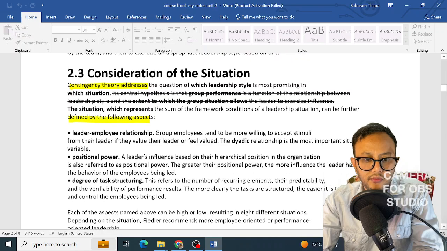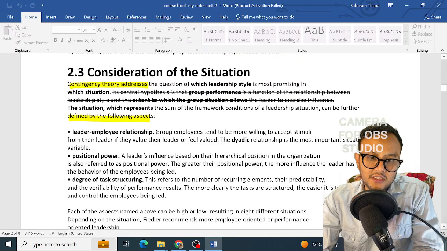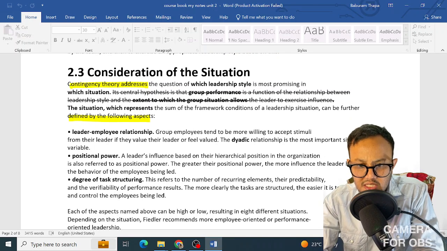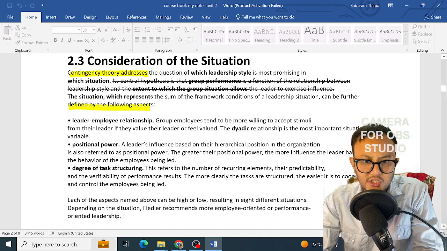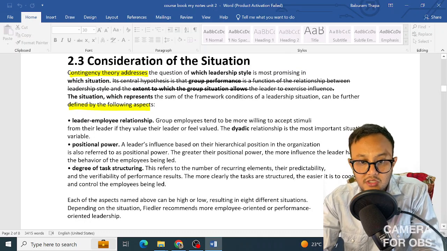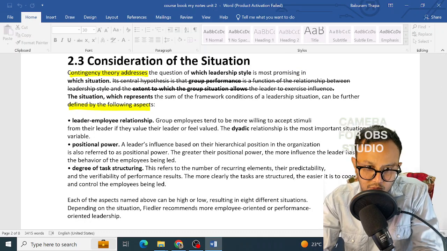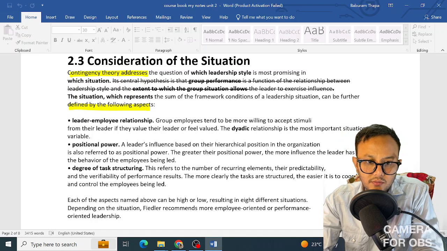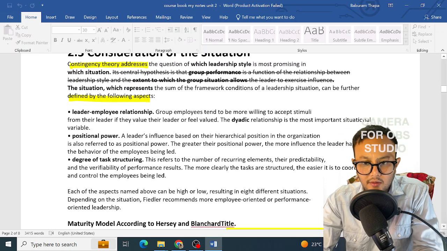Okay. Now, see the considerations of the situations, right? So contingency theory addresses the question of which leadership style is most promising in which situation. So in which situation, which leadership style is most promising is addressed by contingency theory, right?